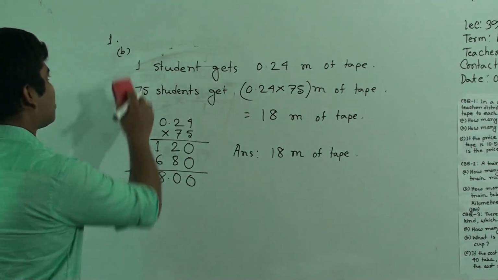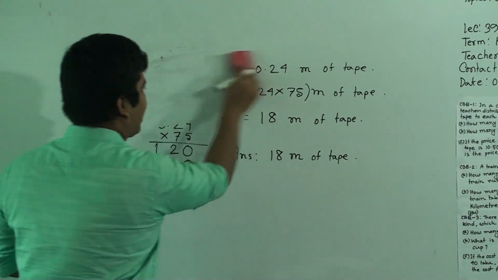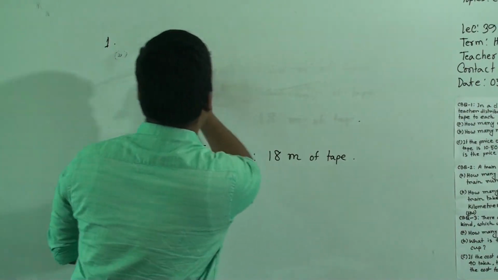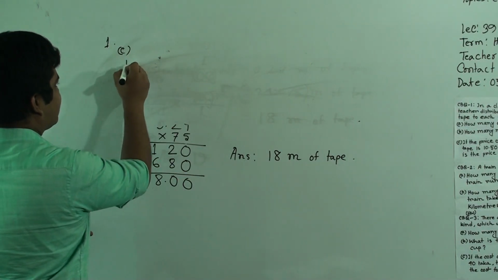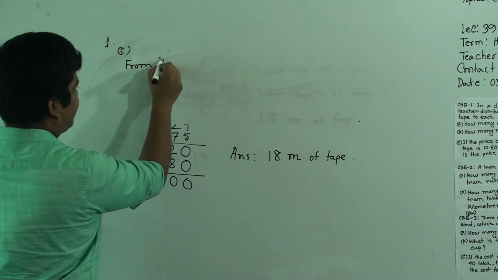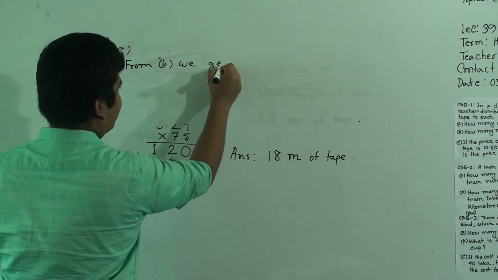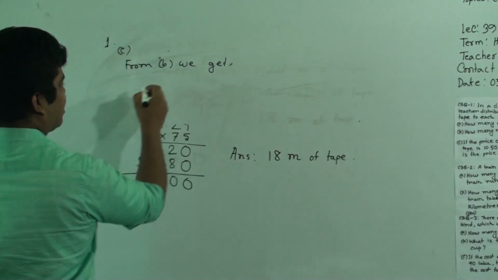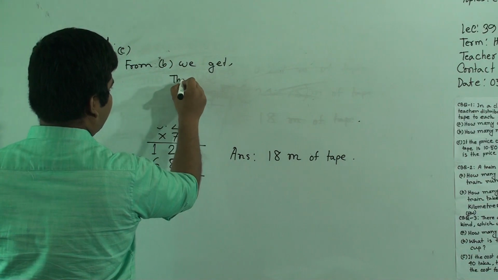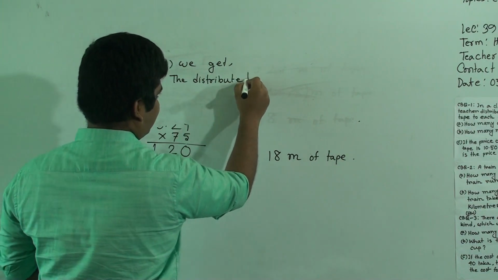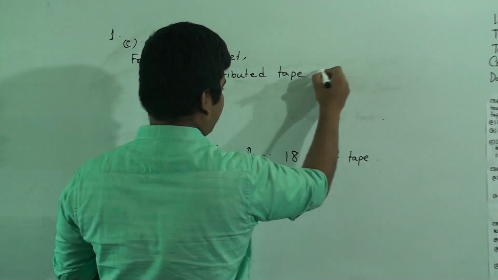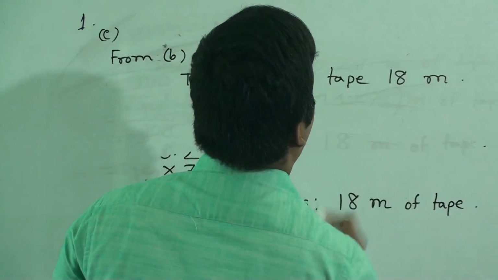So in order to solve question number C, at first we write from B we get the distributed tape 18 meter.